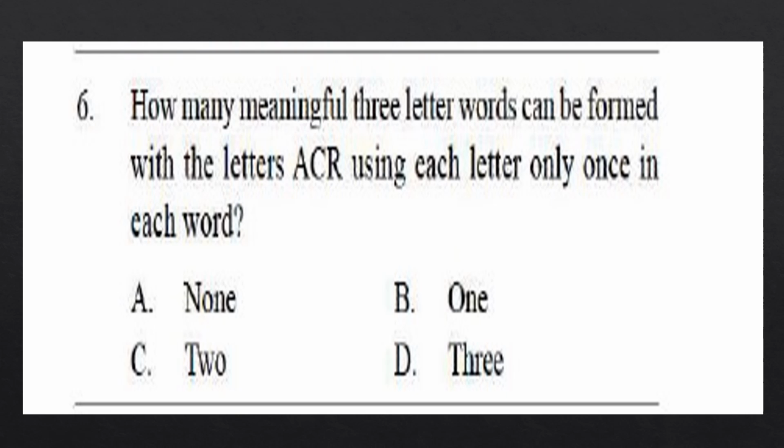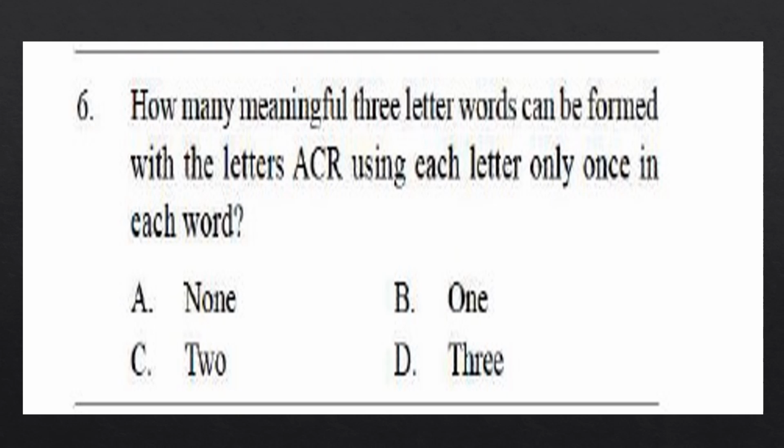Question number 6. How many meaningful three-letter words can be formed with the letters A, C, R using each letter only once in each word? Option A, none. Option B, 1. Option C, 2. Option D, 3. We can make C-A-R, car, and A-R-C, two meaningful words from these letters.